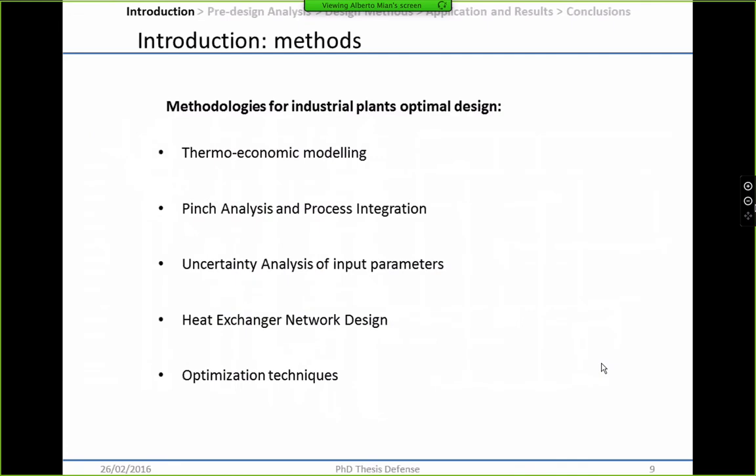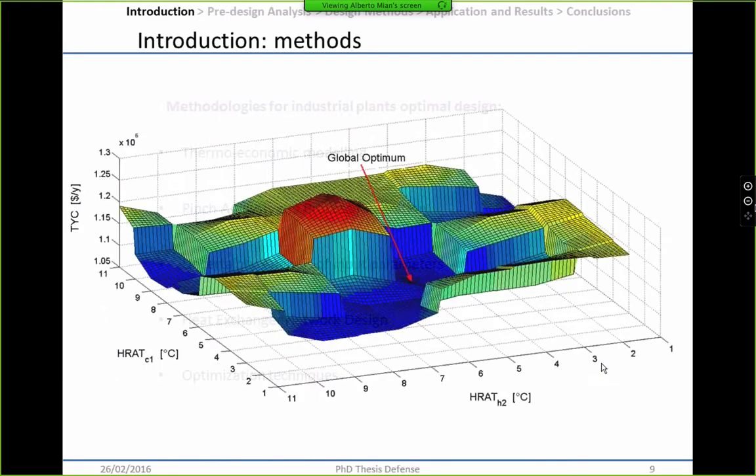And finally, all these aspects have been included using optimization techniques, where the goal is to find the optimum of a given function. And here we see that I represent a subspace, which is a function of two variables. And just to give you an idea of optimization, the exploration of this space and the identification of points where the objective function, which is here represented, is at a minimum or maximum, depending on the problem.